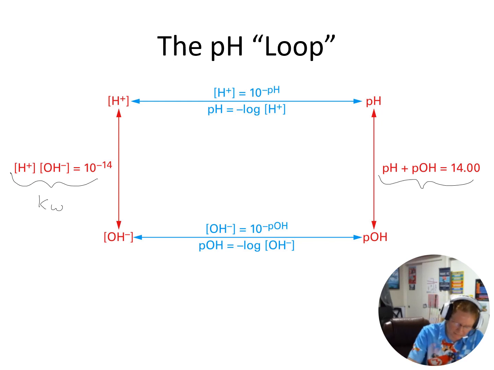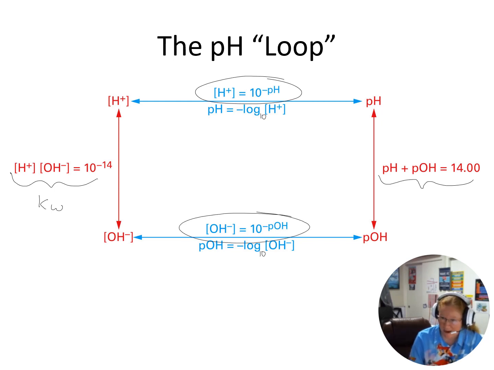All right, and then again, remember we're dealing with this log base 10, and so to reverse the log, we do this right here, the 10 to the negative pH. Same thing with pOH, it's a log base 10. So to reverse the log, we do 10 to the negative pOH.